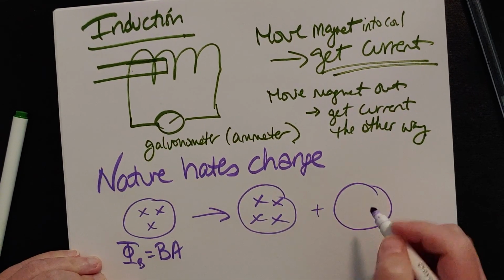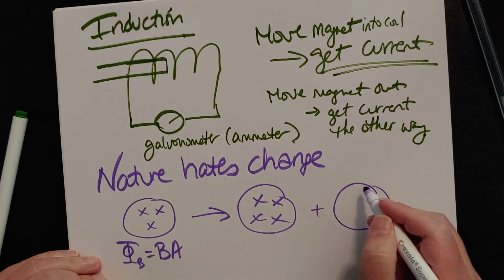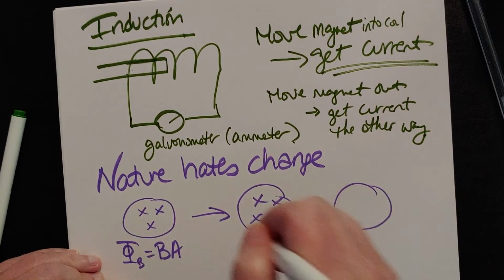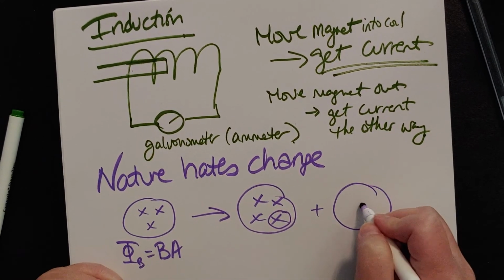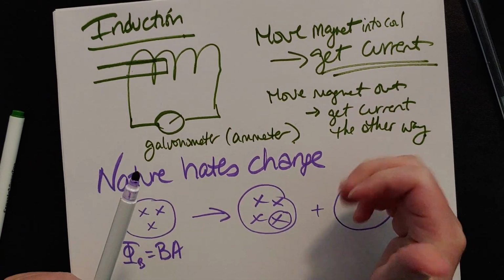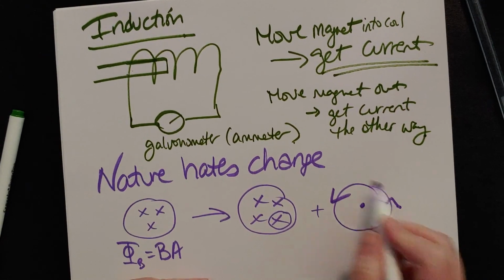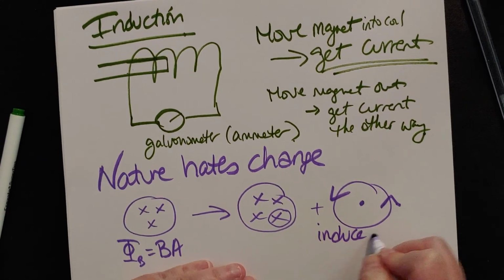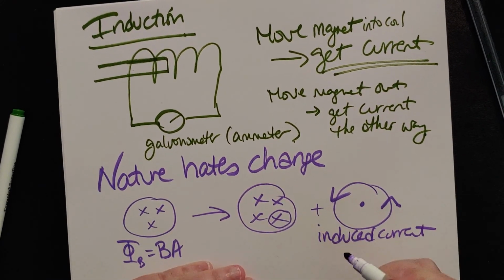I am going to create a current that will create a magnetic field to oppose this. So I don't want this. I want a magnetic field out. So I'm going to create a current this way. Okay, I know, it's so cool. So it's going to induce a current to oppose the change.